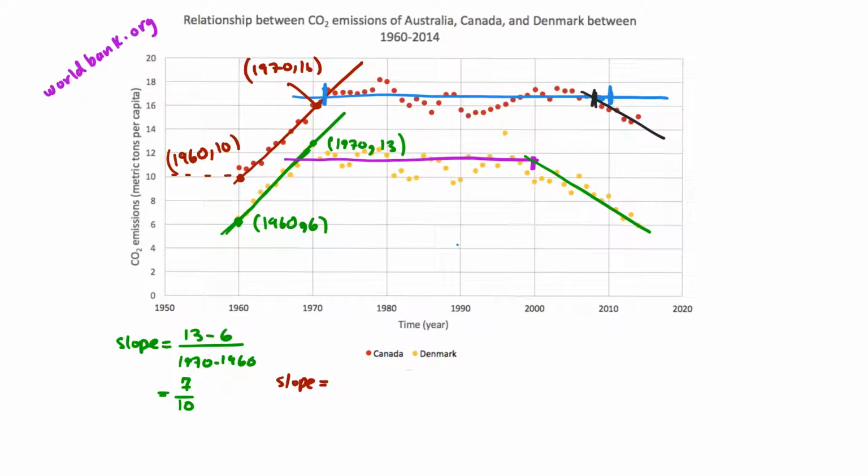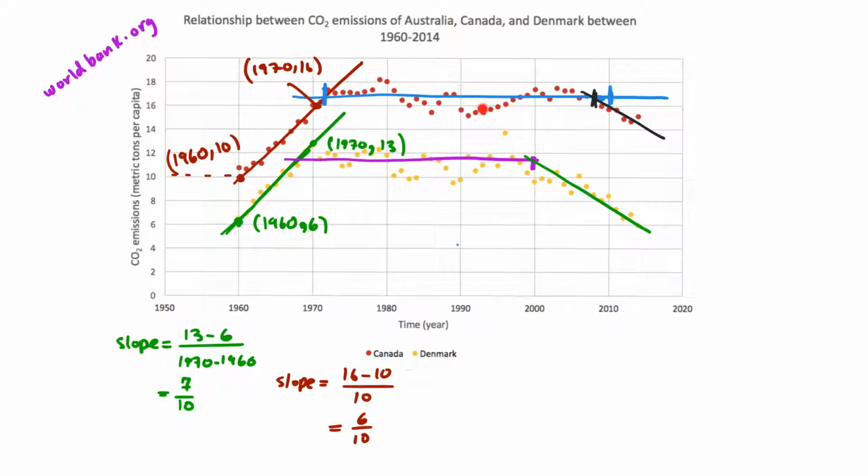So if I take the slope over here, I would get 16 minus 10 over the difference between 1970 and 1960, which is 10 years. So I would get approximately 6 over 10. You can see that the slopes are very, very similar. They're almost parallel, or actually the exact same slope in this case.